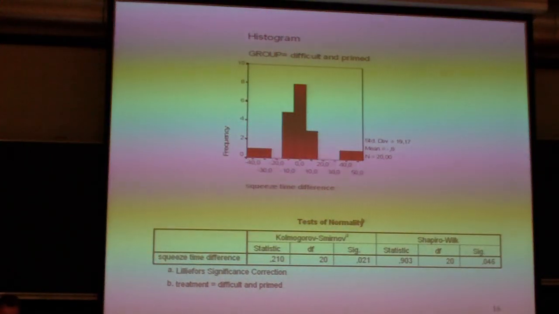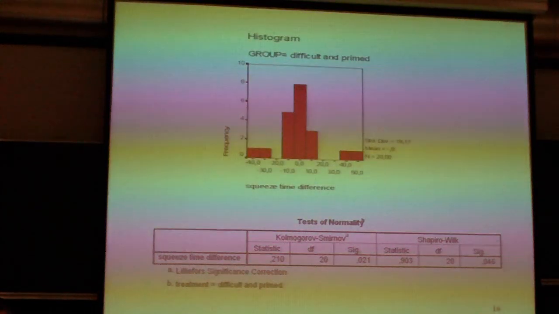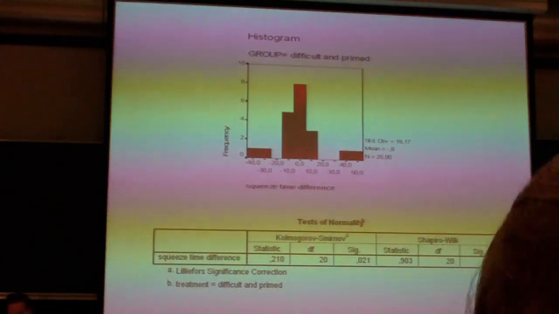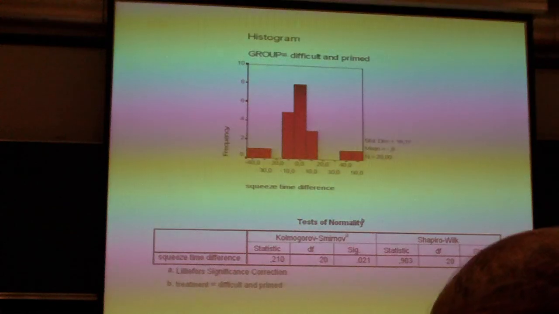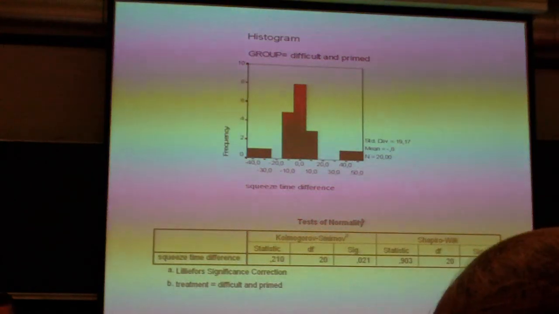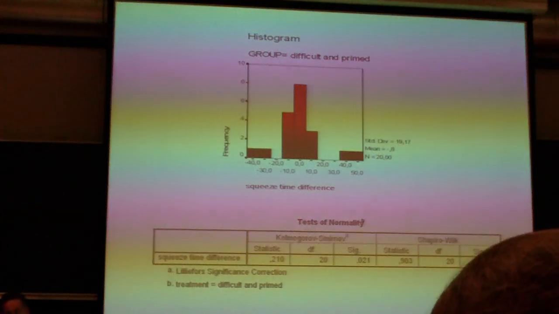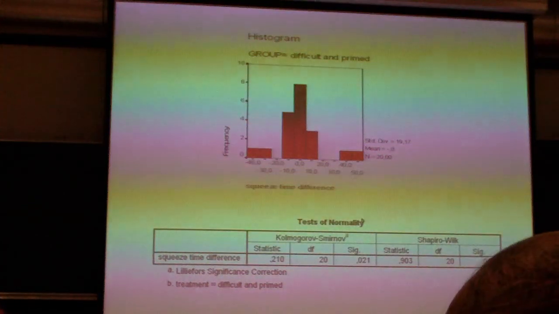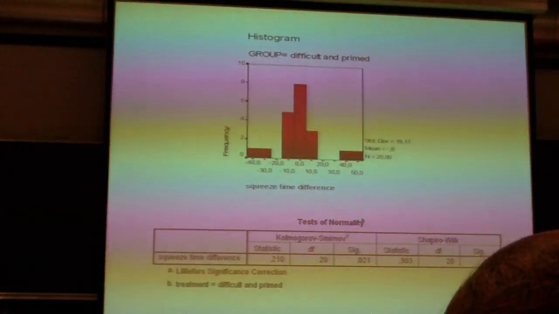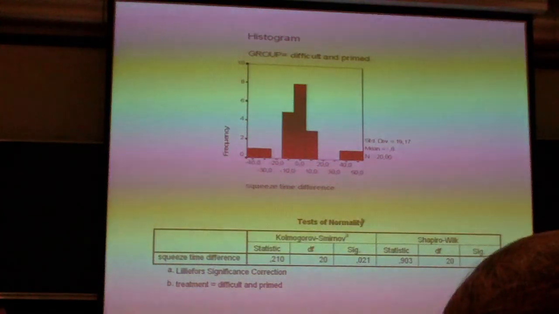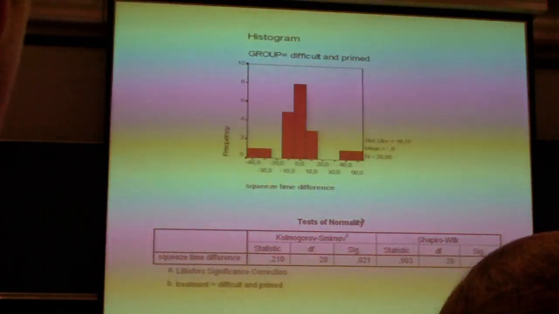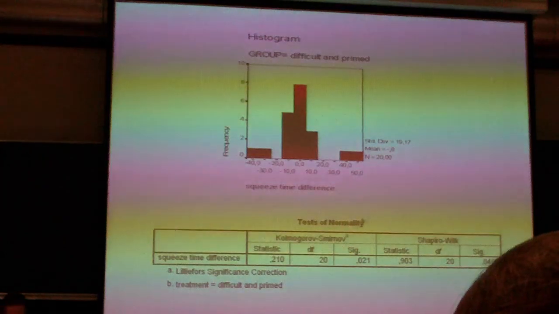That is one of the assumptions of the analysis of variance technique. And on top of that, another assumption is that the variance, the variability of the scores within the various populations is equal.